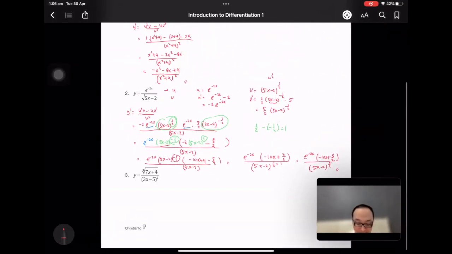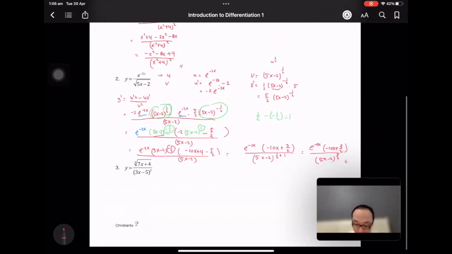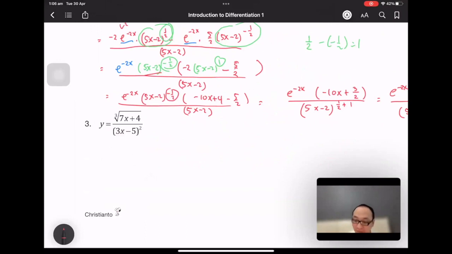And the last one, the same. So the u will be (7x plus 4) to the power of 1/3. u prime will be equal to, so we make it as u to the power of 1/3.